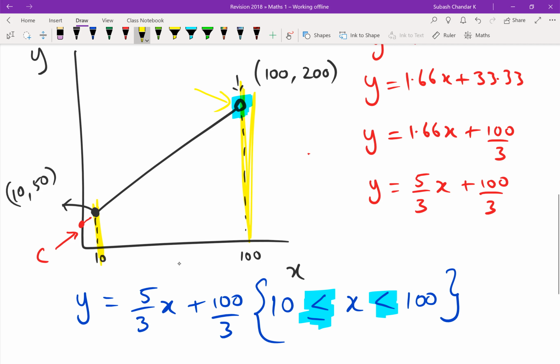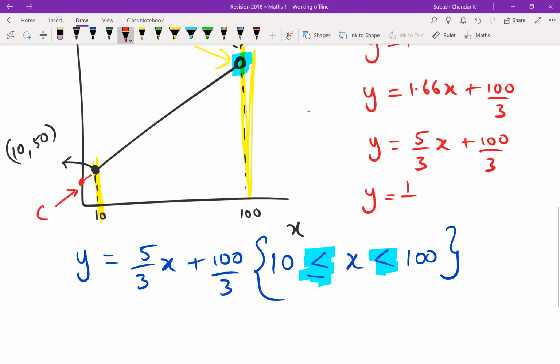Okay. Before you go on, under that red equation, you could also write y equals 1 and 2/3 x plus 33 and 1/3. Yep, that's another one, that's absolutely fine. You might prefer that as well. That's another way of writing it, if you're comfortable with it.